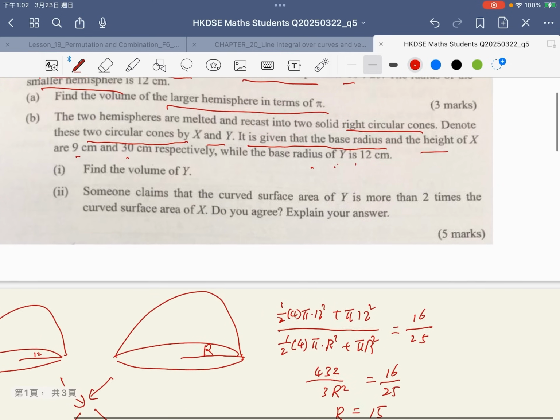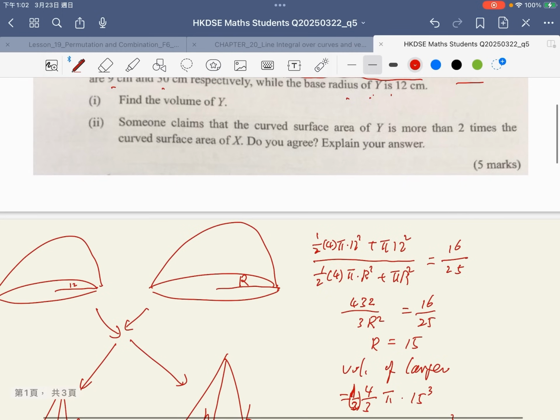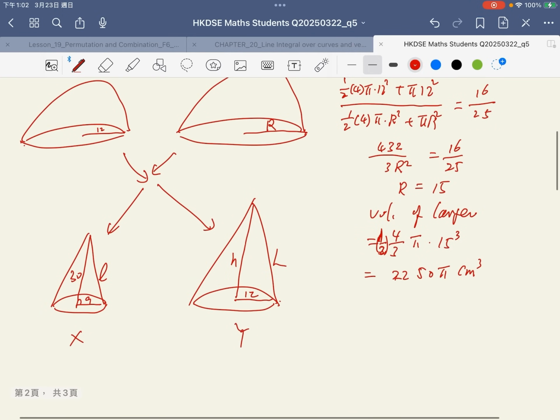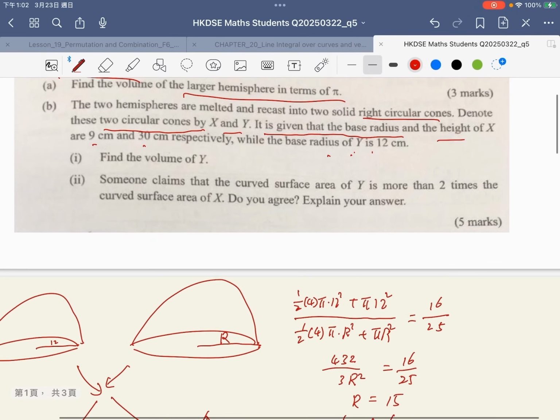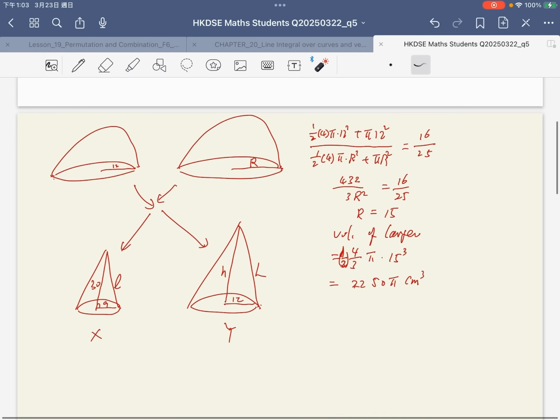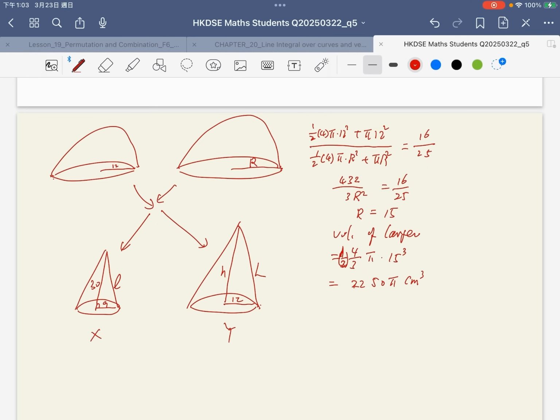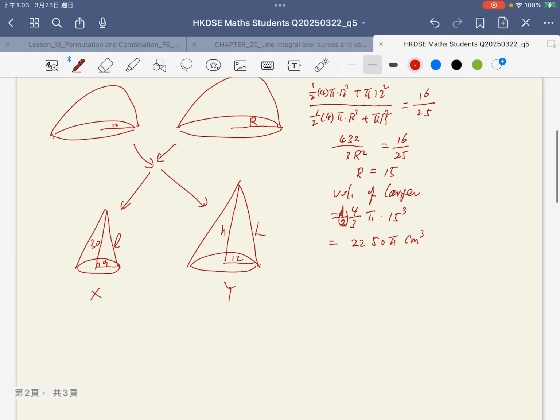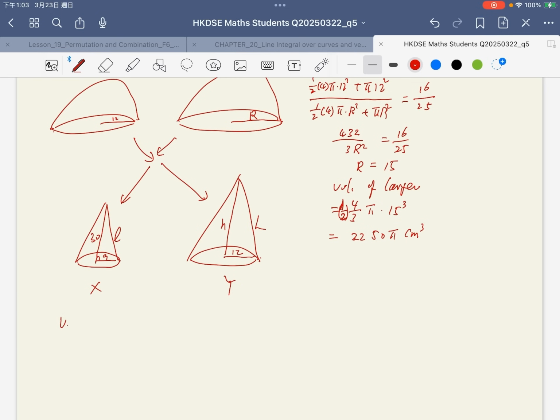Let me see. I think I have to calculate the volume of x first, because the total volume of these two should be equal to the total volume of those two, and therefore the volume of x equals 1/3 pi times 9 squared times 30. Let me check the answer here.